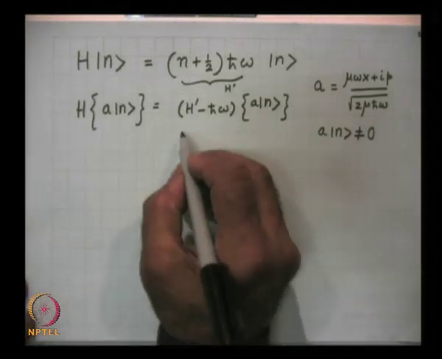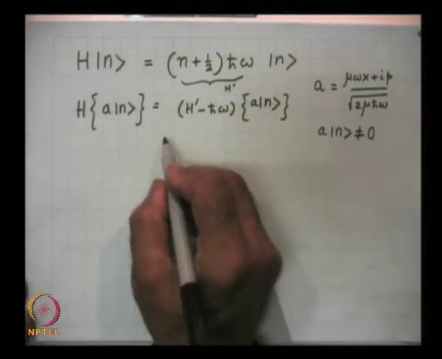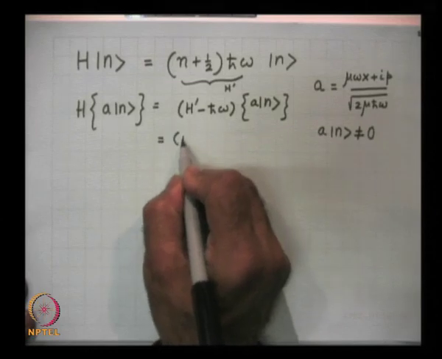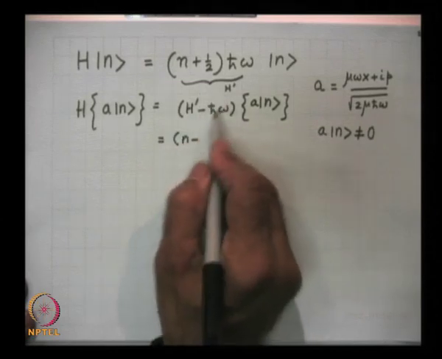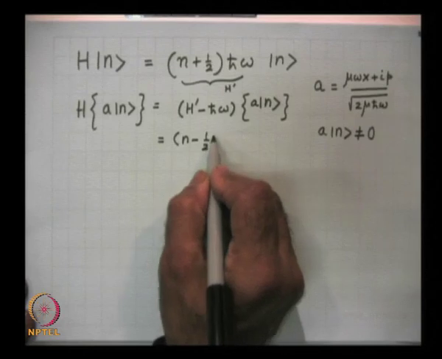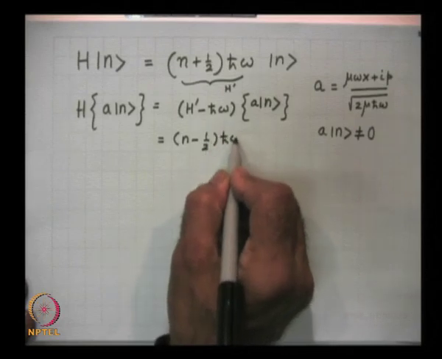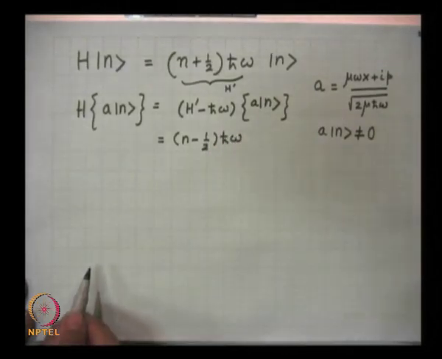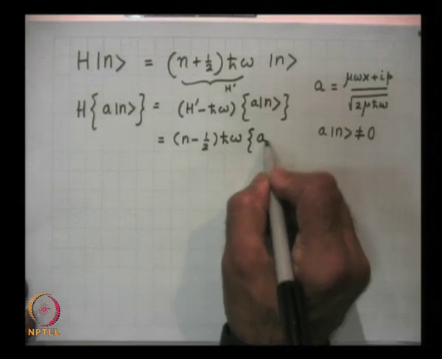because if this is a null ket, then this is a trivial equation. So, therefore, if I subtract this, this becomes n plus half h cross omega minus h cross omega, a ket n.